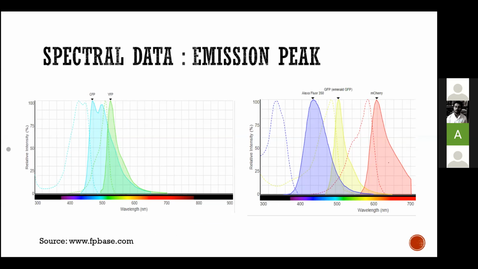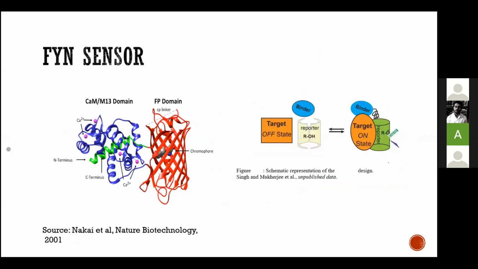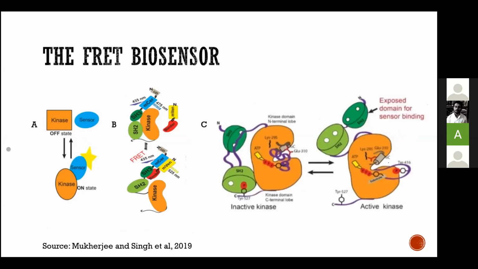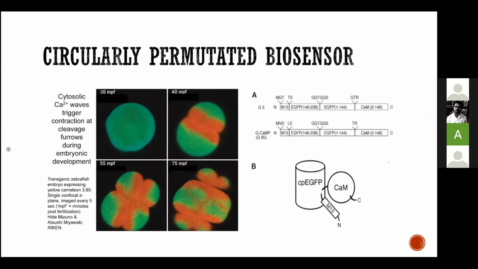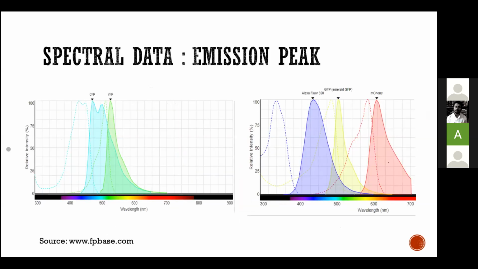On the left side there is this CFP and this YFP. I told you guys about this FRET biosensor, right? mCerulean is basically a blue fluorescent protein, and mVenus is a yellow fluorescent protein. When we see the spectral data, these are the emission peaks.